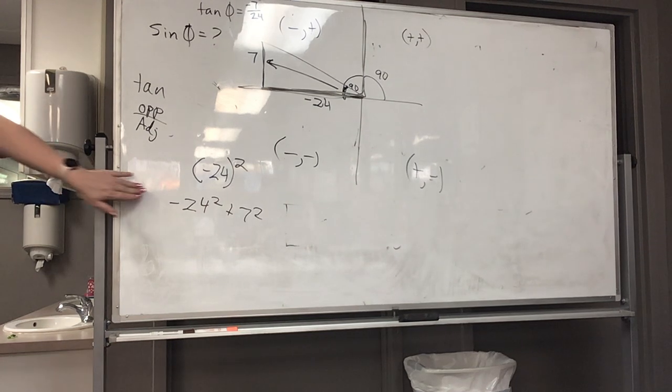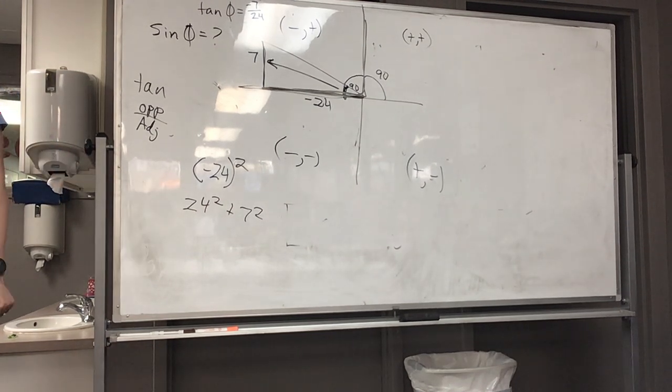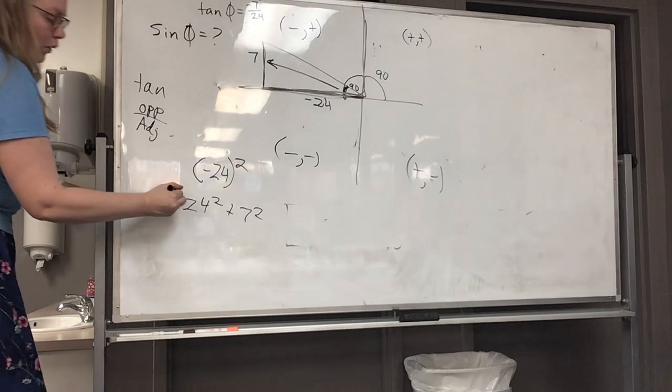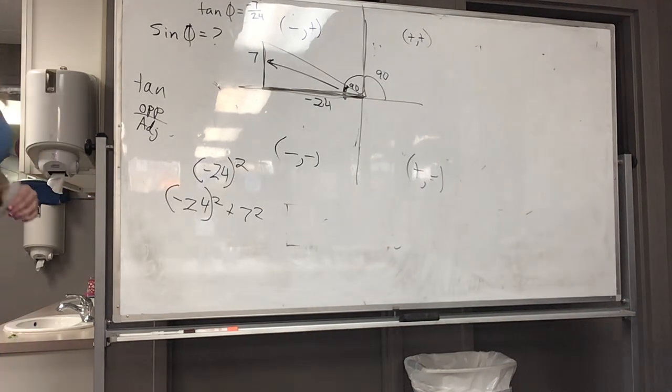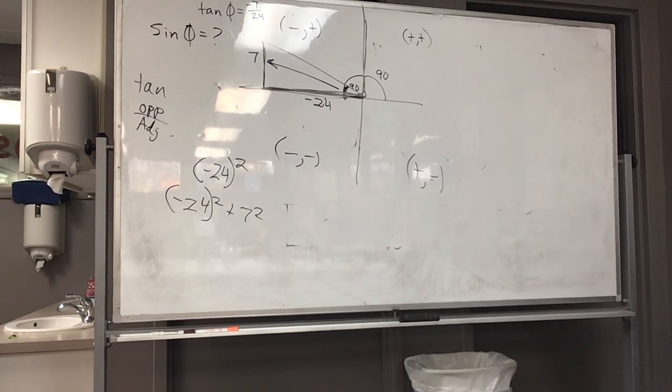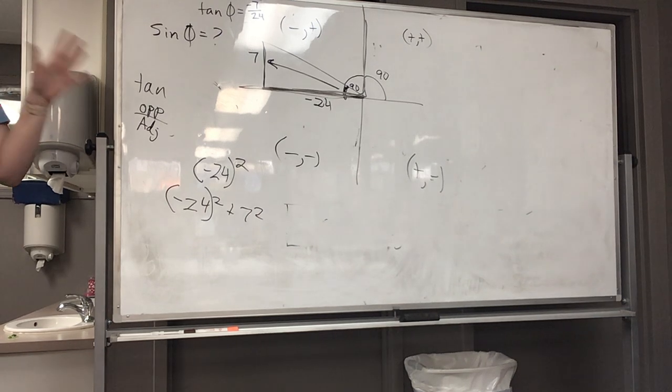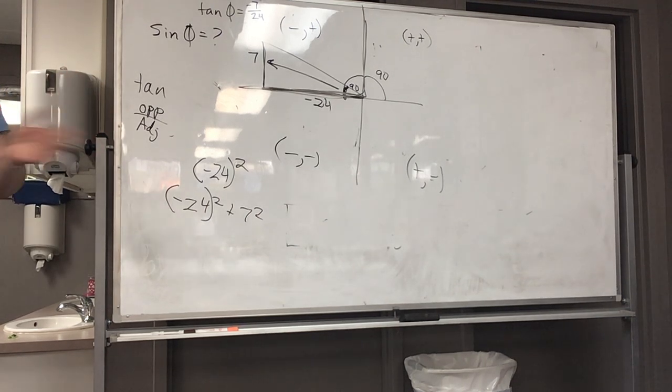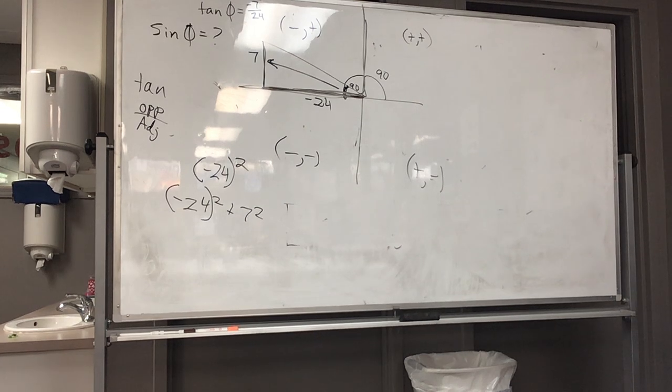If you do that, you're going to end up with a wrong answer. And so you can intuitively know, hey, I'm dropping that sign because I'm dealing with lengths and just do 24 squared, or make sure you put it inside parentheses so that the negative sign is also getting squared. Either one of those is great, but just be sure that you're doing it, because otherwise the negative sign will throw you.